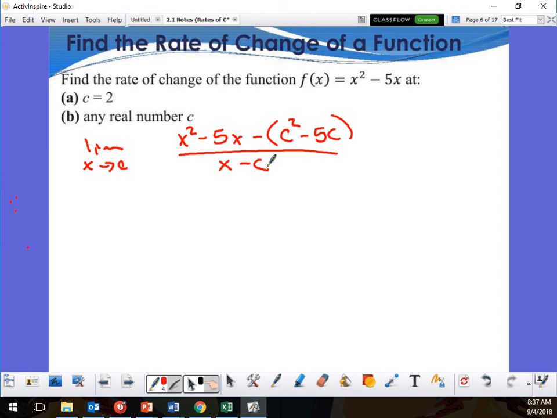Okay. So let's see. So that's going to be x squared minus 5x minus c squared plus 5c over x minus c.